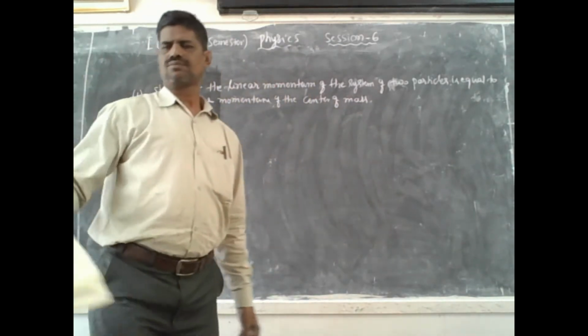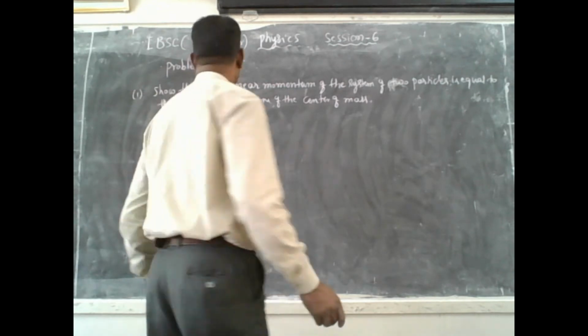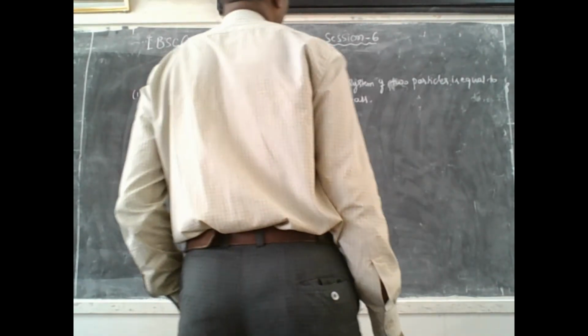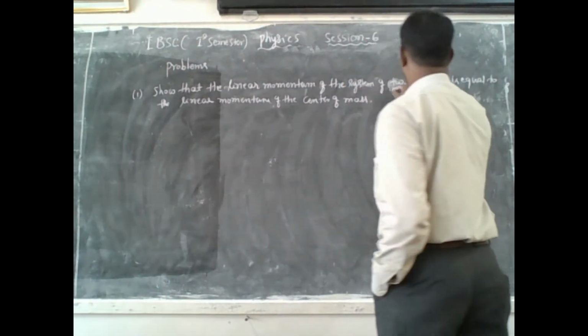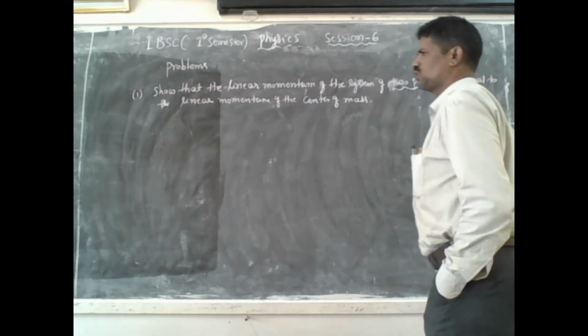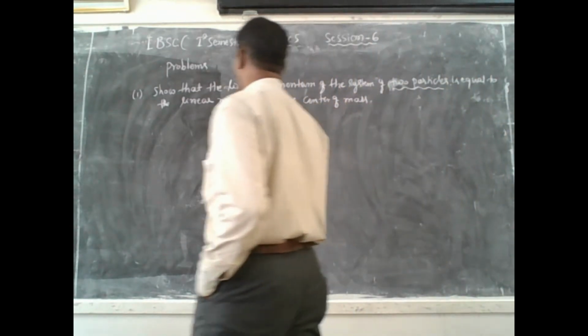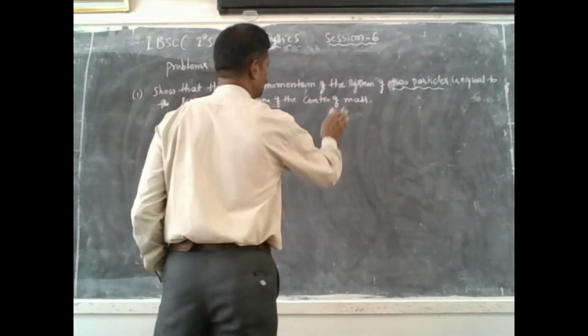So here, show that the linear momentum of the system of two particles, we have to underline two particles, is equal to the linear momentum of the center of mass.